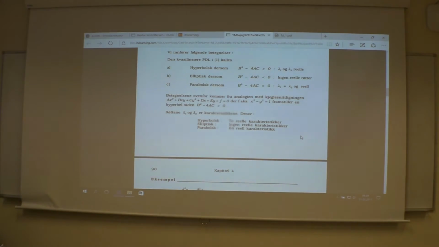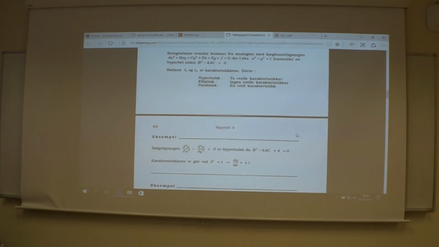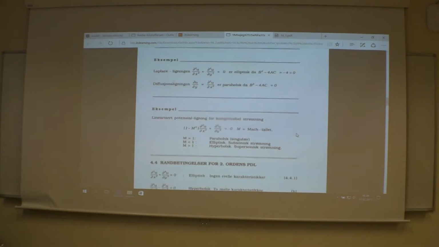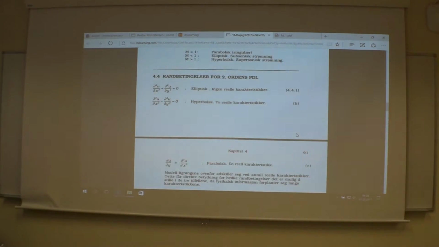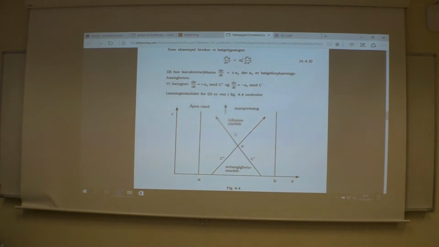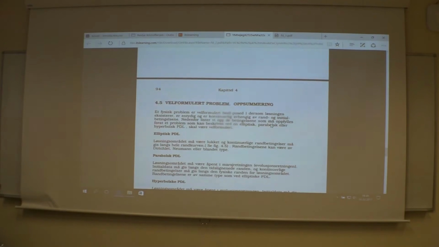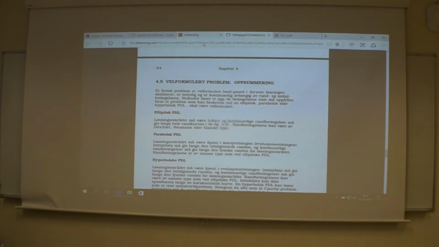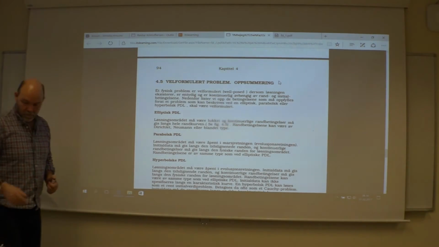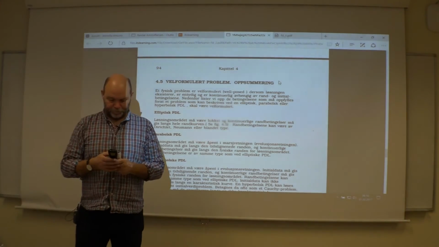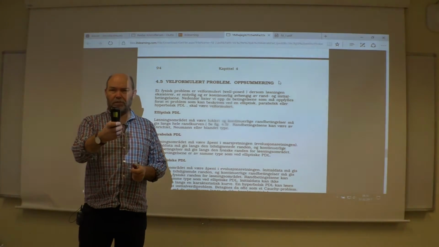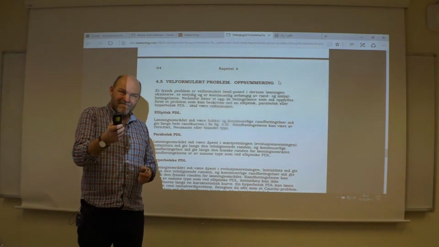So now let's see what this means for the boundary conditions. So you have some examples here, so you can have a look if you like. I'll go through these effects that we have here, the implications for us, because that is important. So that one we have to look into.